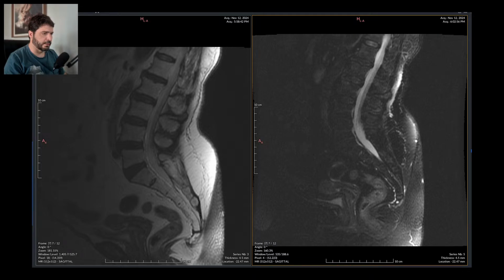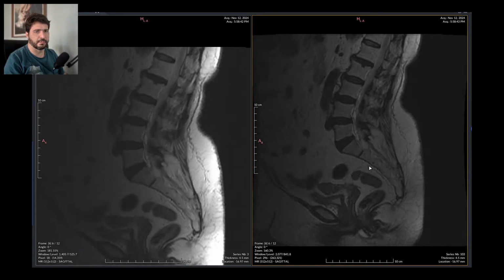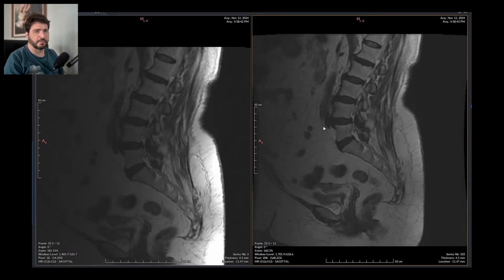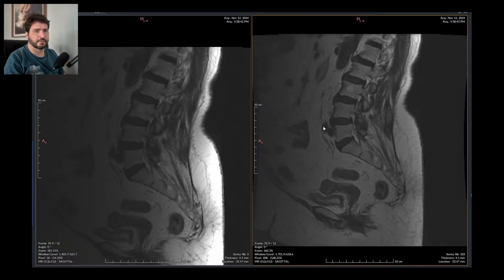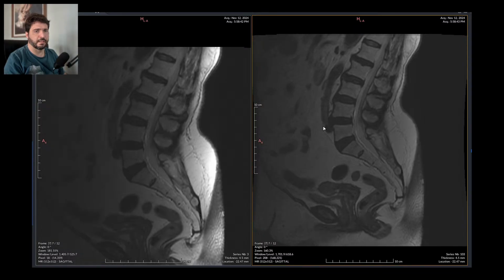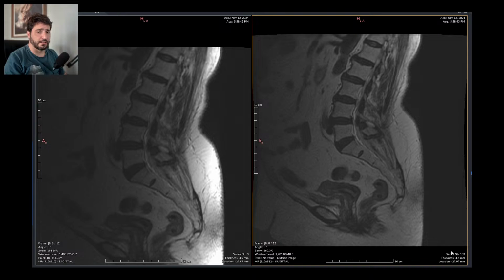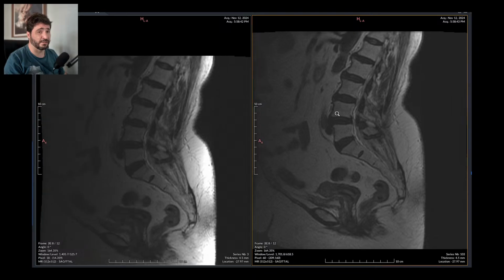And they did some kind of reformat right there. The field of view is too large. The patient is clearly obese. The scanner is old. The slices are 4.5 millimeters thick. Still thick.